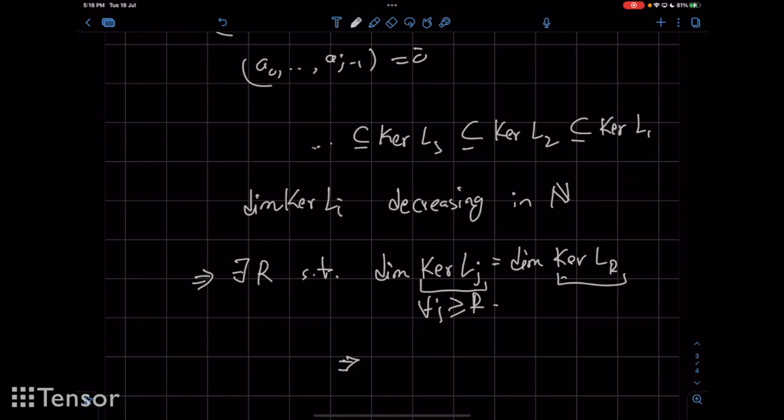So this means the kernel of L_j is in fact equal to the kernel of L_R.